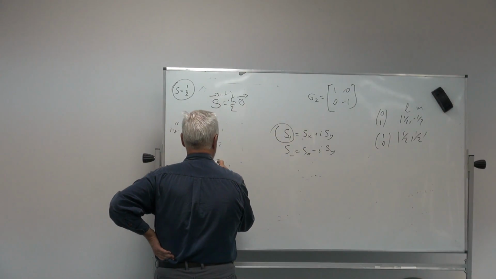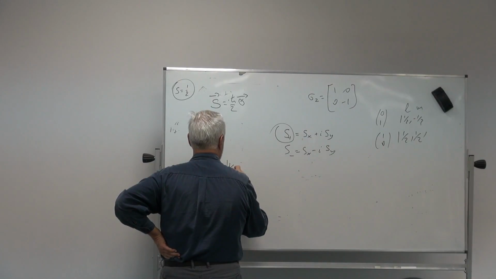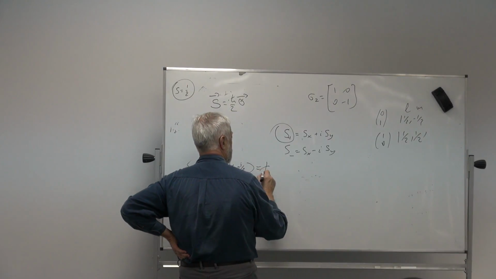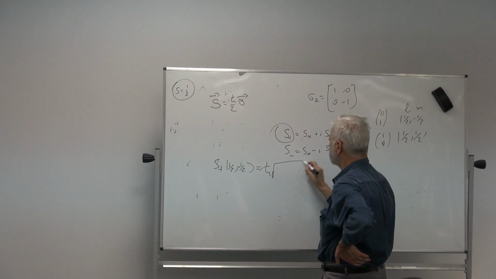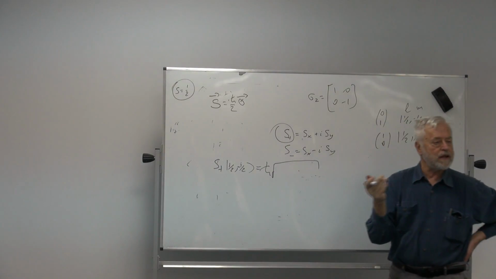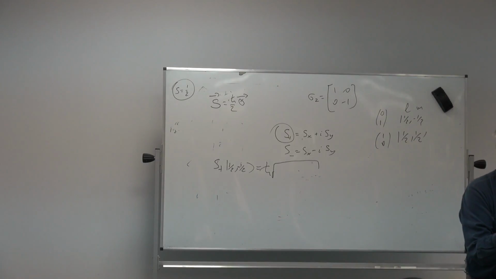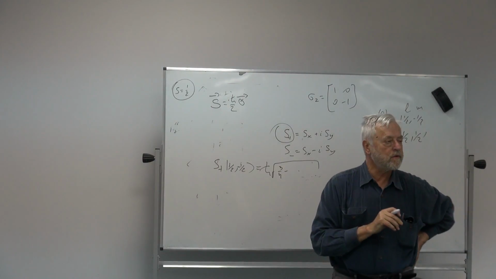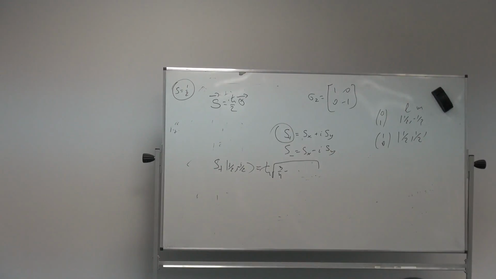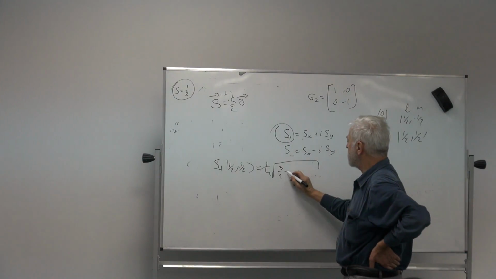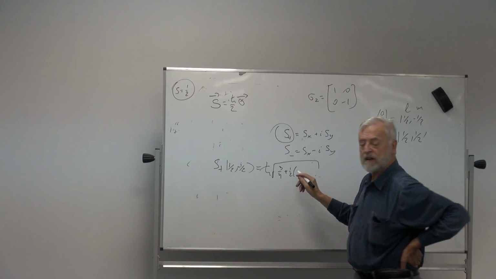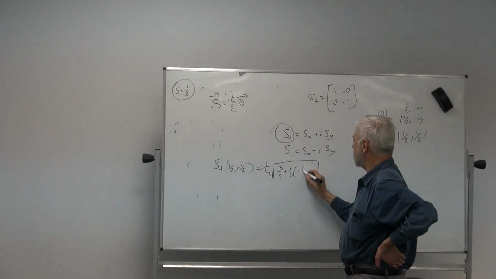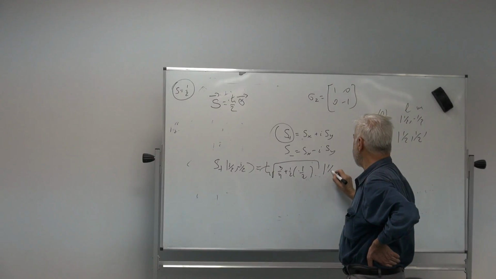Well, we know that S plus acting on this produces H bar times, you remember, the square root of L times L plus 1 minus M times M plus 1. 1/2 times 3/2, that's 3/4, and now M is equal to minus 1/2, so that makes plus 1/2, and here was M plus 1. 1 minus 1/2, it's again another 1/2 times 1/2.